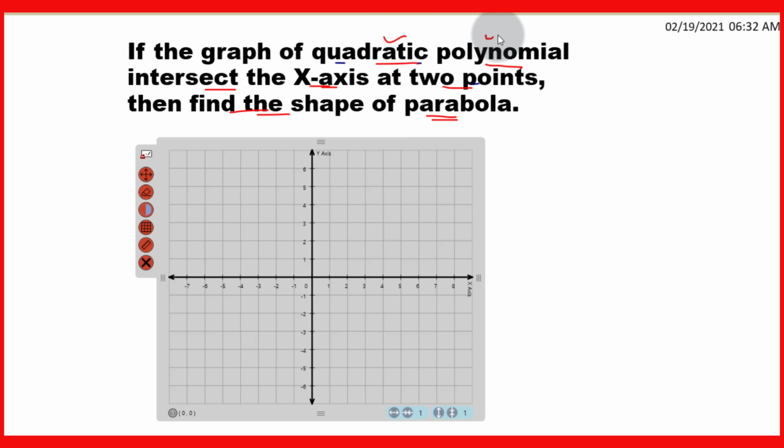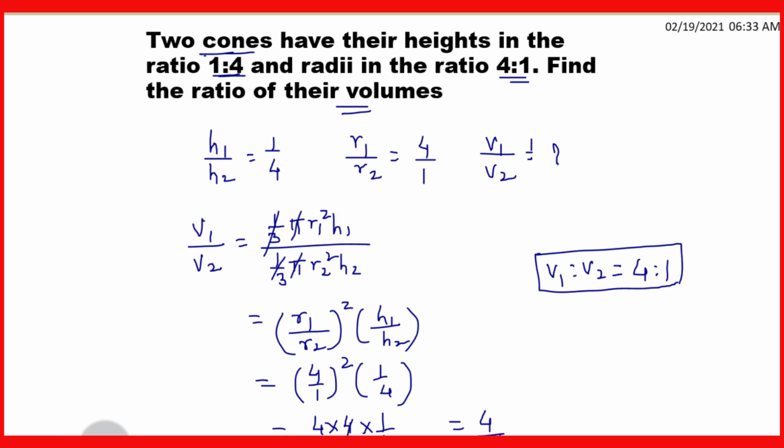We know that in a quadratic polynomial, the graph of the polynomial will always be parabolic in shape, and when it intersects the x-axis at 2 points, then definitely it may be opening upward, or it may be opening downward. So the shape of the parabola will be either opening upward or opening downward. See the next question.